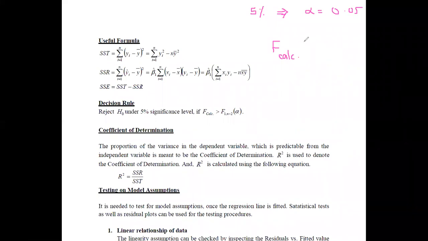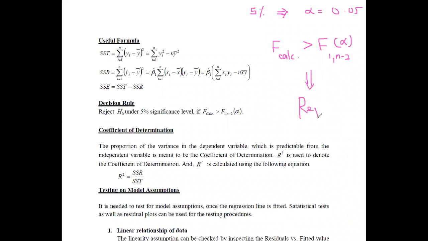And if this calculated value is greater than the critical value, which we can identify as F with 1 comma n minus 2 degrees of freedom at the level of alpha, then we need to reject H naught.